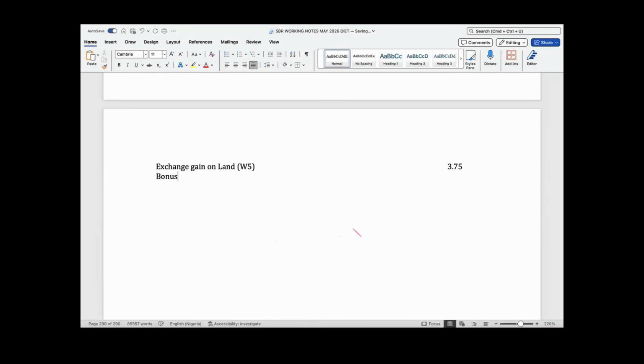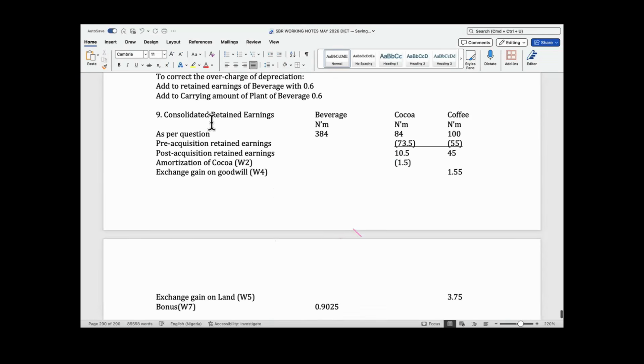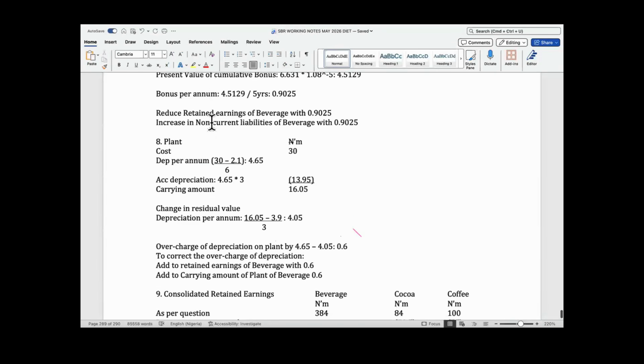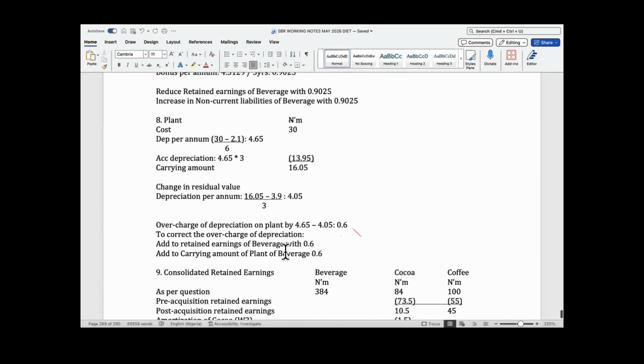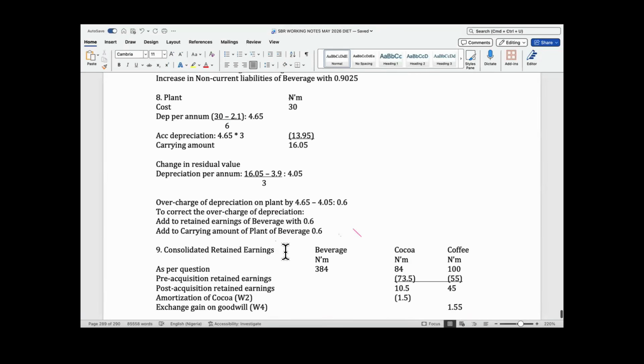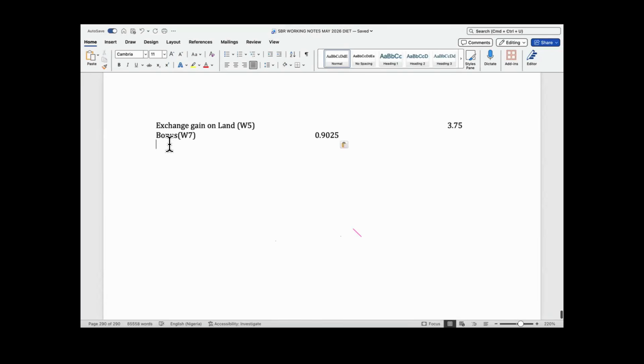I don't remember, what working is that again? Is it working 7? Confirm. To come under beverage. Yes, sir. Okay, working 7, 0.9025. Then working 8, the plants of beverage. I'm going to add to retained earnings this 0.6 overcharge of depreciation.